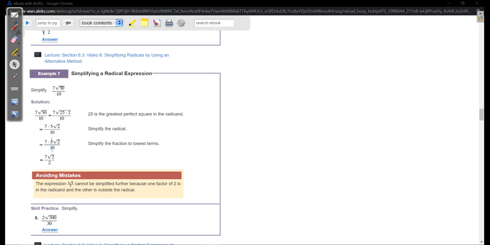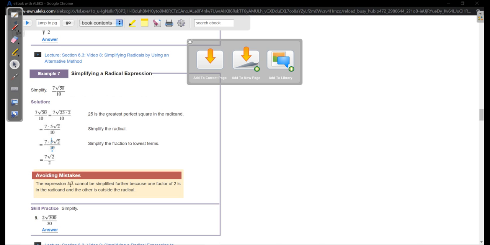And then lastly, I think the problems with actual numbers are the hardest. The variable ones are pretty easy. But this one, we've already had a square root of 50, so this should make it pretty easy. Let's rewrite this as 7 on the square root of 25 times 2 all over 10.